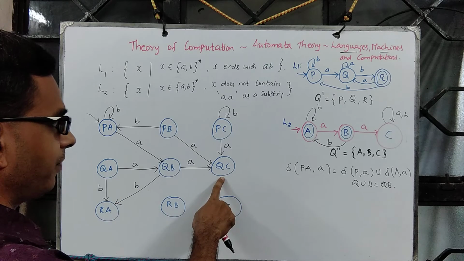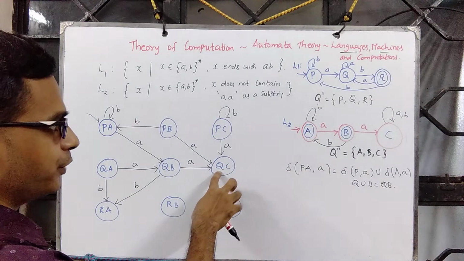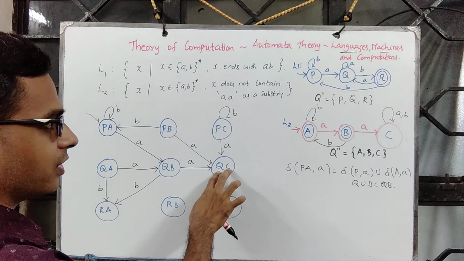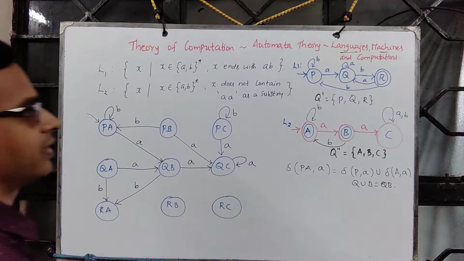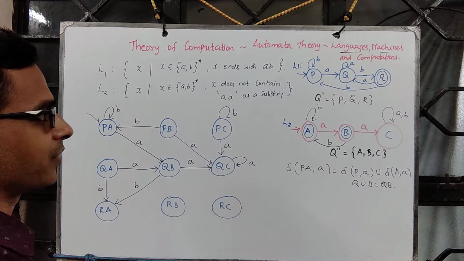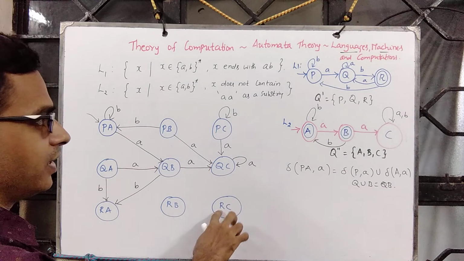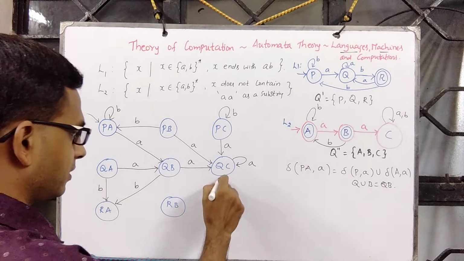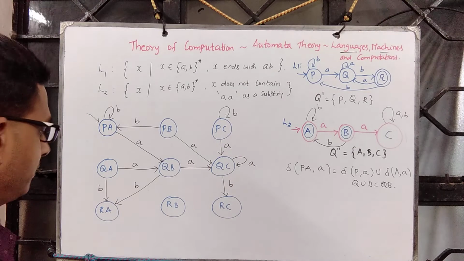Then we come over here, QC. Q on A is Q, C on A is C, so we stay at QC. Q on B is R and C on B is C, which means when we read a B, we go to RC.